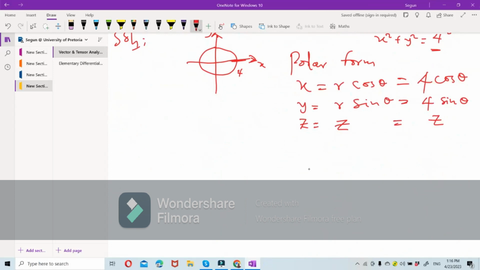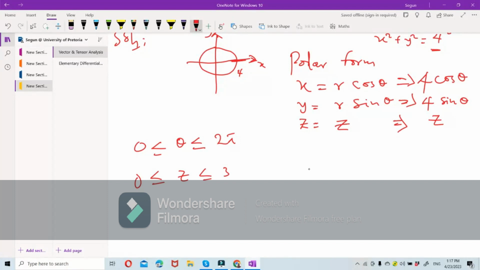The limit in this case will be 0 less or equal to theta, less or equal to 2 pi, because we are talking about one full revolution. And for the z, let me put it this way so that you know the difference. 0 less or equal to z, less or equal to 3, is already given from the onset.